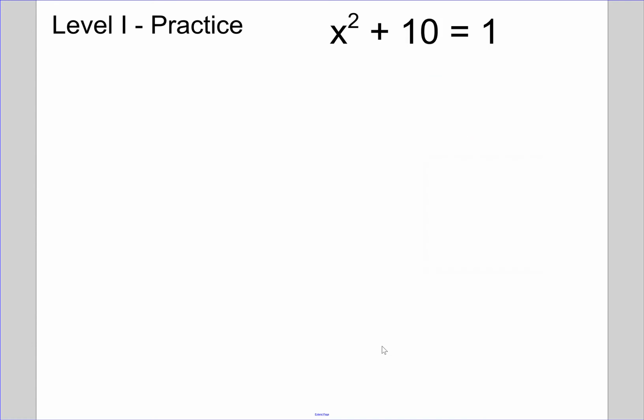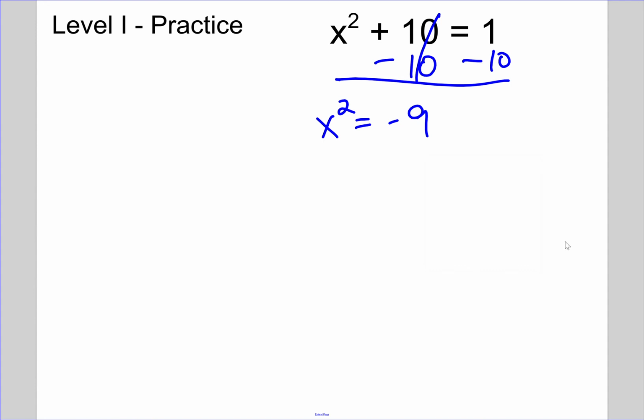All right, and the last one, go ahead and try that one. Okay, so we'll try to isolate the square because we don't see any other terms. We don't see an x term, so we'll get x squared equals negative 9.